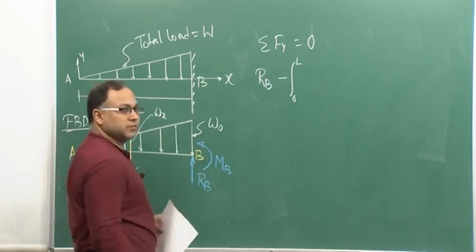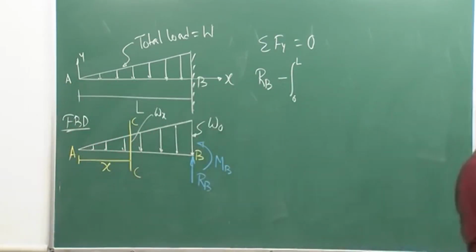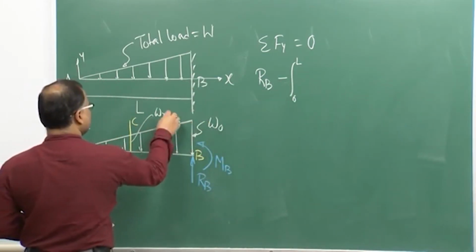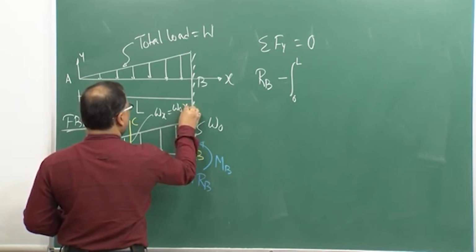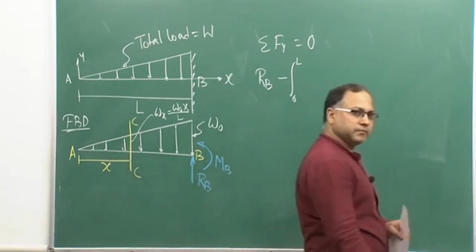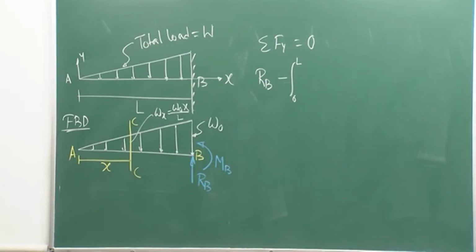where Wx is nothing but the load intensity at x distance away from the free end A. If you express Wx in terms of the extreme load intensities, it will be W naught x by L. So, we can express it like this.